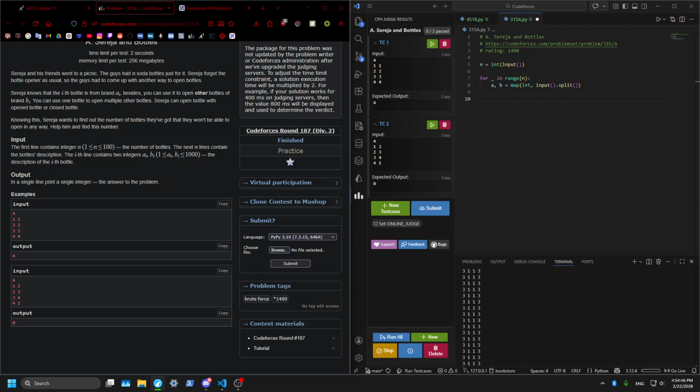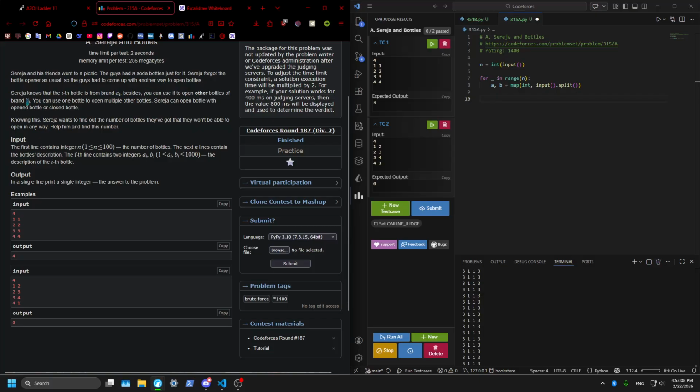We're given N bottles. The bottle is from brand A_i.